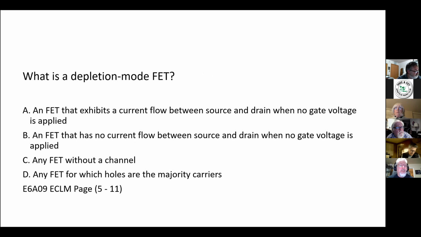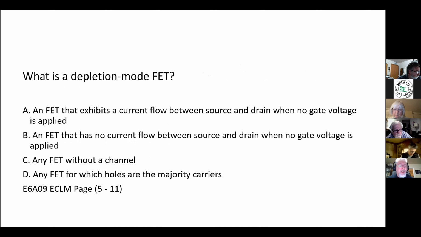What is a depletion mode FET? A, an FET that exhibits a current flow between source and drain when no gate voltage is applied. B, an FET that has no current flow between source and drain when no gate voltage is applied.